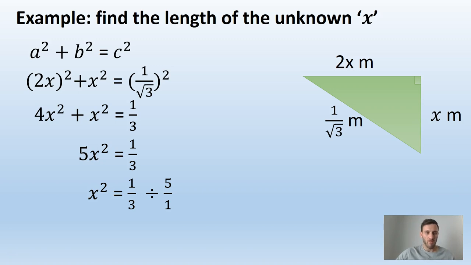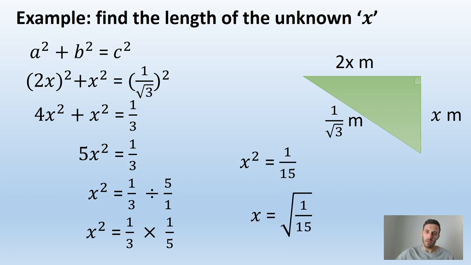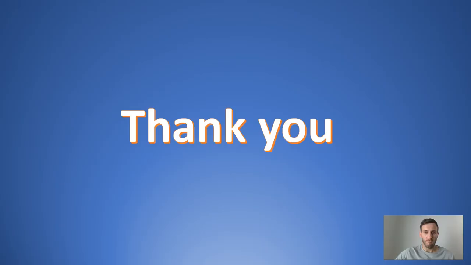Now remember from when we've done fractions, we flip it and multiply. So this time we get x squared equals 1 on 3 times 1 on 5. Now we can simply multiply the numerators and the denominators. We get x squared equals 1 on 15. Now we square root both sides, and we get x equals root 1 on 15. Simple as that. Thank you.